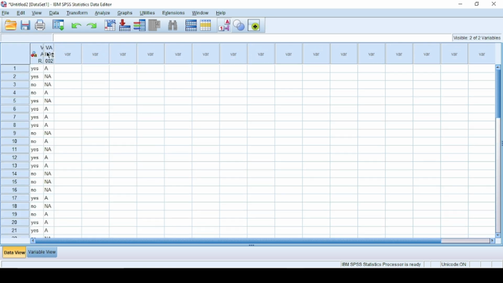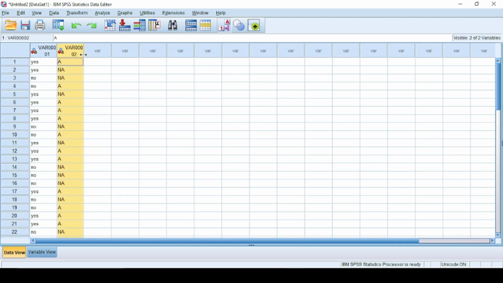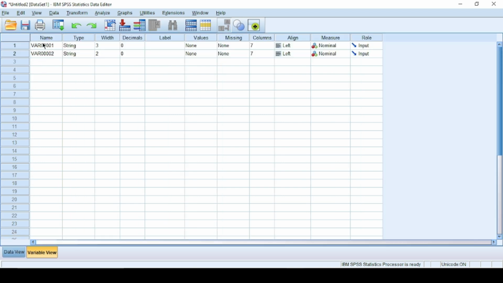So we have pasted the data. There are two variables. Variable one is drinking and the second is accident. Yes is for the person who has drunk, and A is for accident: the person drank and met with an accident. Similarly, the person has drunk but not met with an accident. So we'll be defining the variables here.